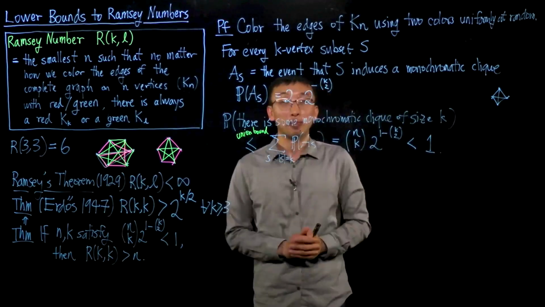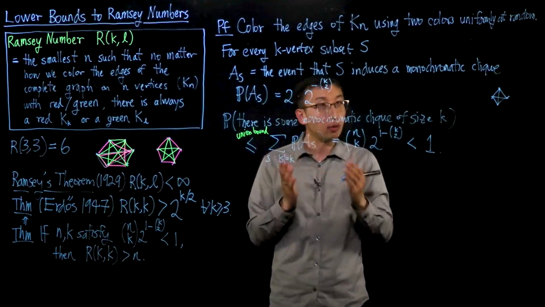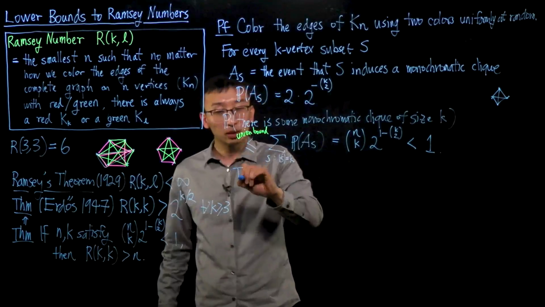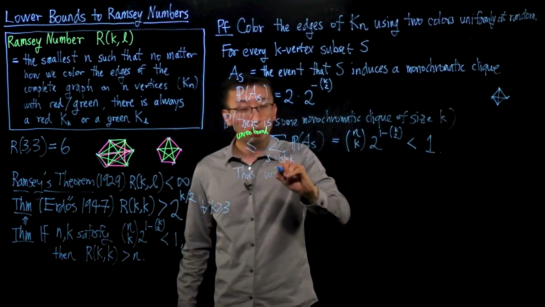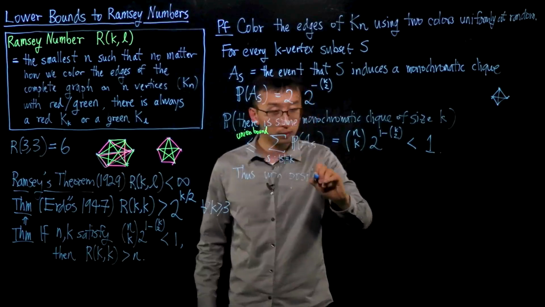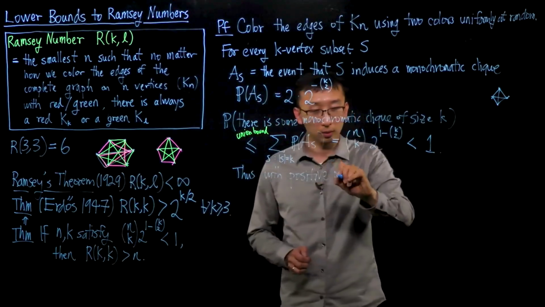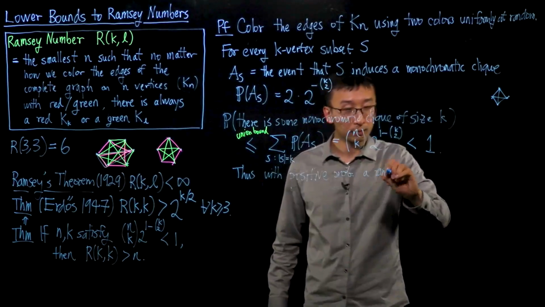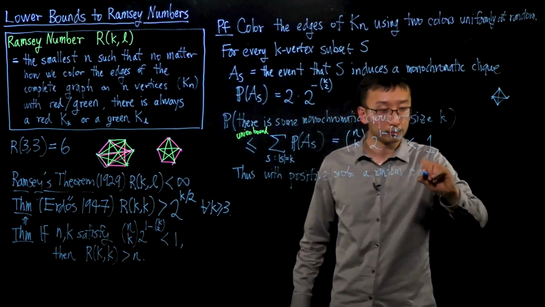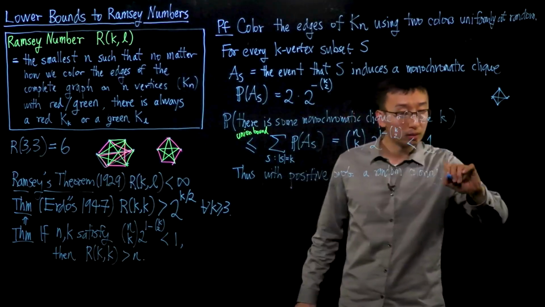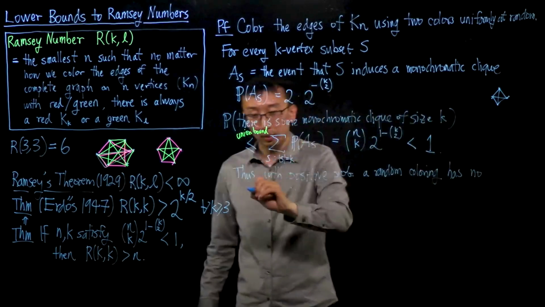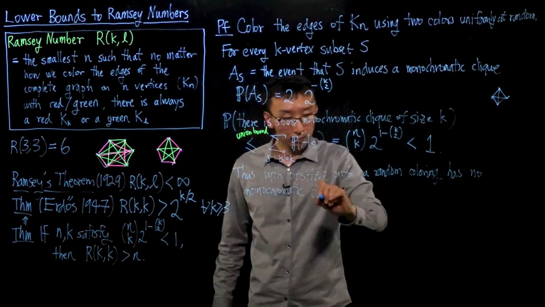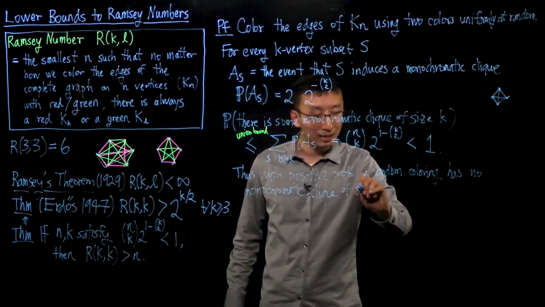OK, great. So the probability that there is some monochromatic clique of size k is strictly less than 1, and thus with positive probability a random coloring has no monochromatic clique of size k.